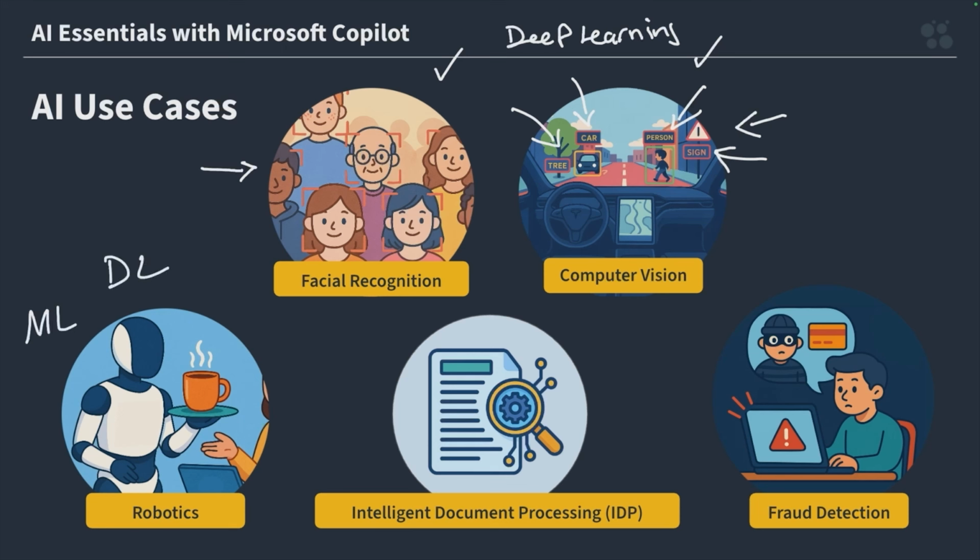It's a combination. So you can use more than one type because the robot is using deep learning to see, but maybe it's using machine learning in different parts of how it moves the motors. And when we're thinking about intelligent document processing, we could be using generative AI, deep learning, and machine learning all together. However, with fraud detection, which is often used in banks, they've been using machine learning for quite some time to find outliers, things that stand out.